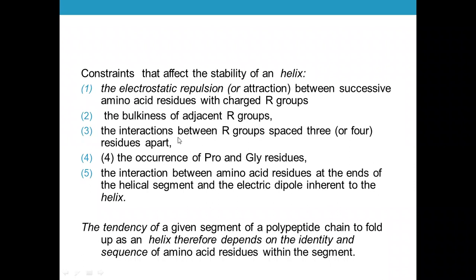As I mentioned again, the interaction between the R groups, any possible interactions. Now, which interactions? You have to remember your basic weak intermolecular forces of interaction. There are different intermolecular forces of interaction. If you remember, you can have your hydrogen bond, you can have your ionic interactions.